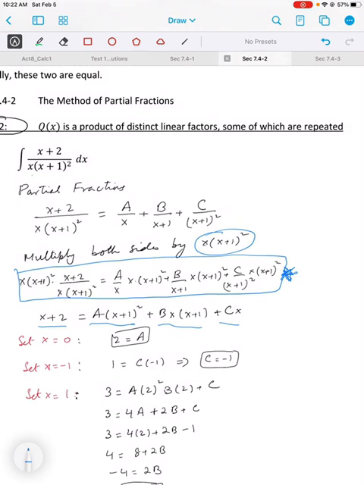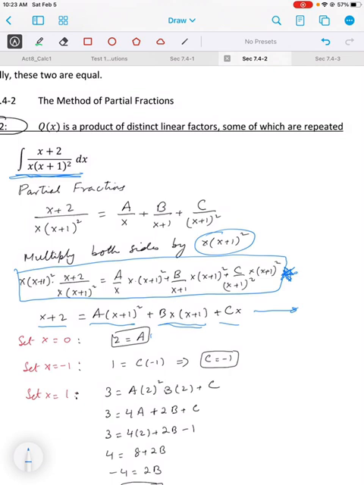If you look at the function, x equals 0 and x equals minus 1 are not in the domain. When we set x equal to 0 in this equation, we get 2 on the left side equals A times 1 squared, or just A, and the second term has an x, so it becomes 0. The third term has an x, that becomes 0. So we end up getting A equals 2.